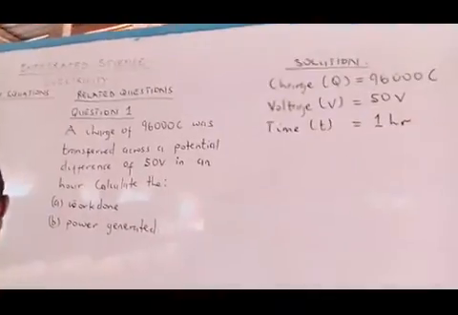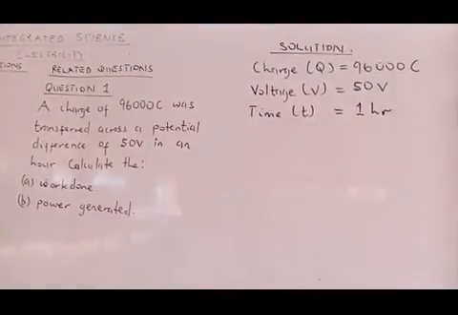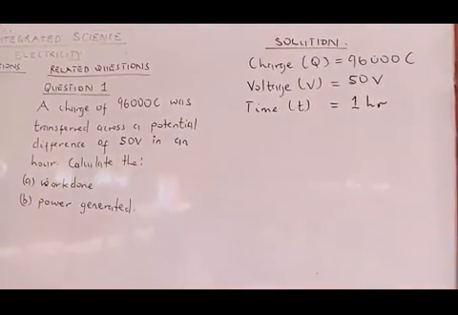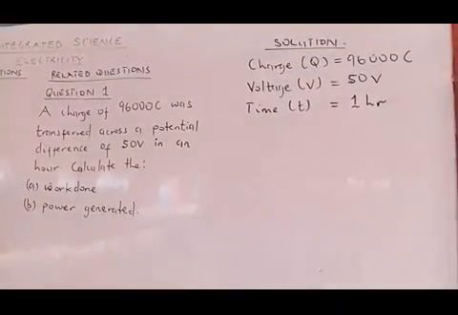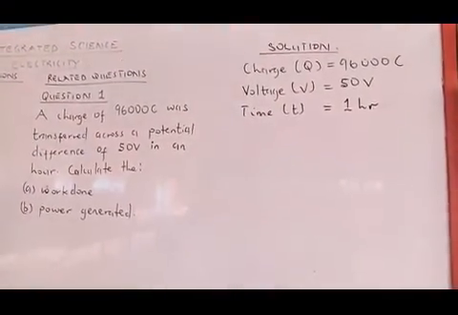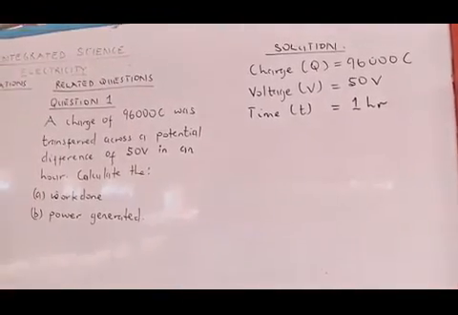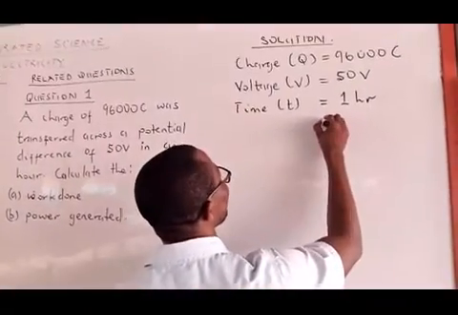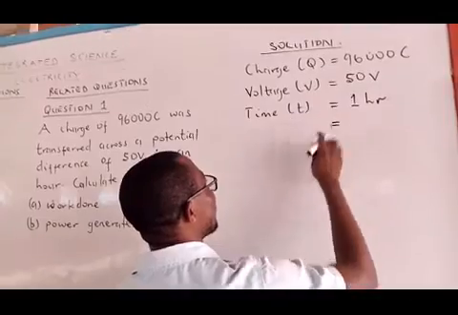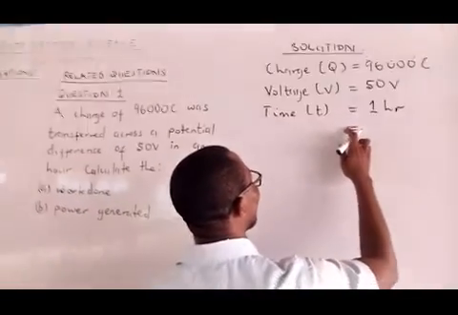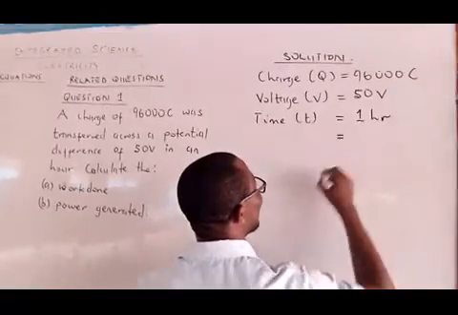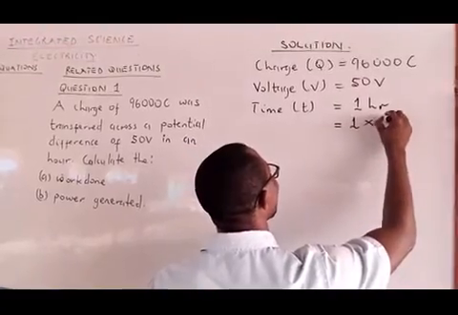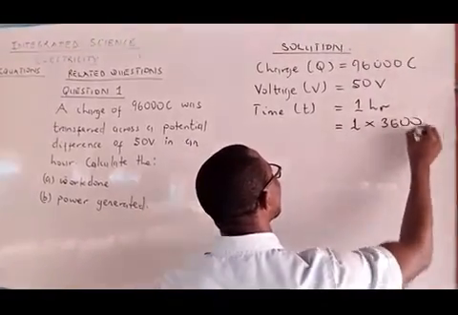When we're looking at the formula for work done and then power, I told you that the unit of the time there is in seconds. But from the question, the time is given in hours. So you have to convert the time in hours to the time in seconds. We've come across these conversions in some previous topics under work, power, energy. So in converting hour to seconds, you multiply by 3,600.